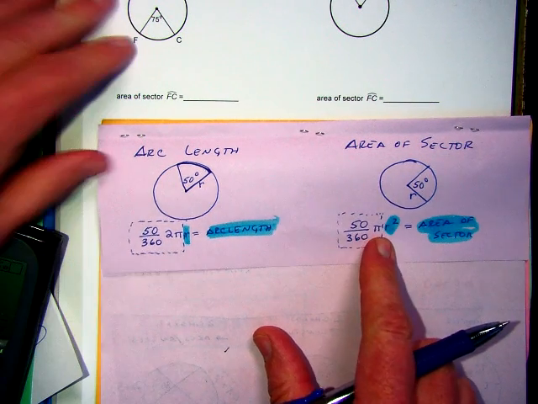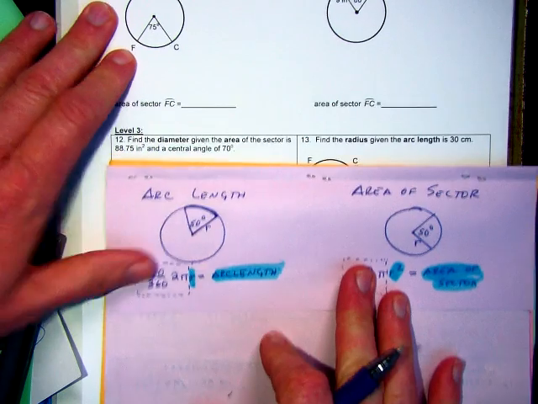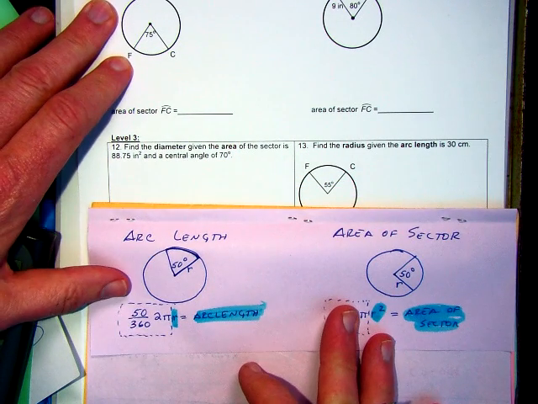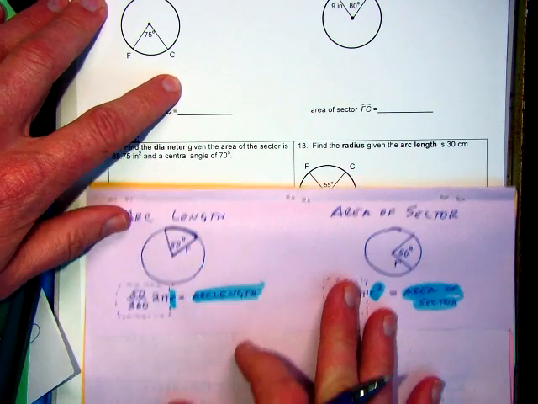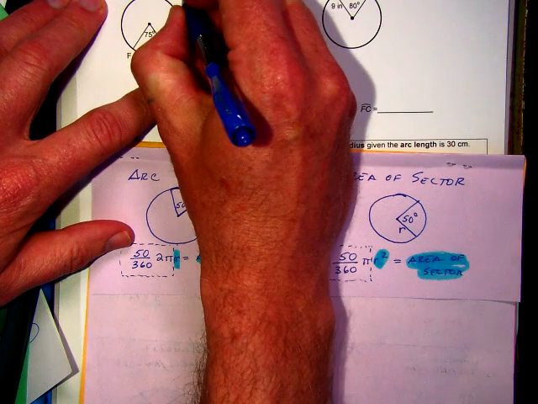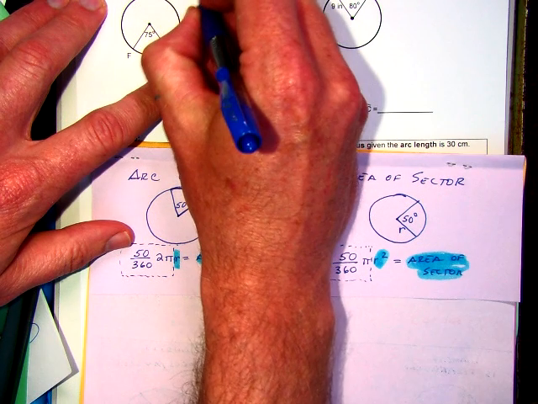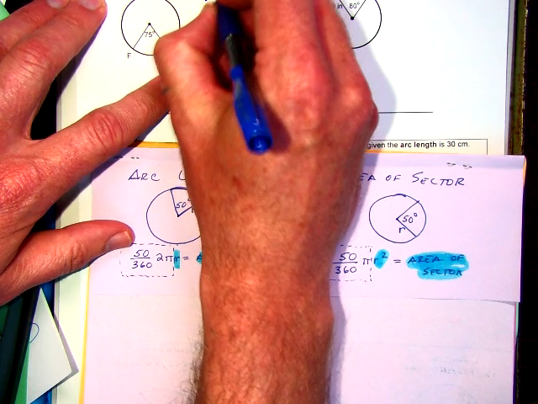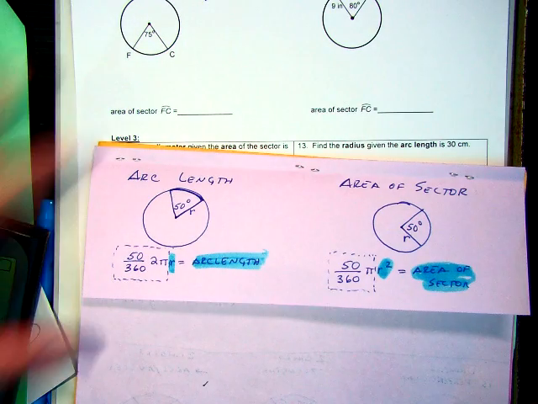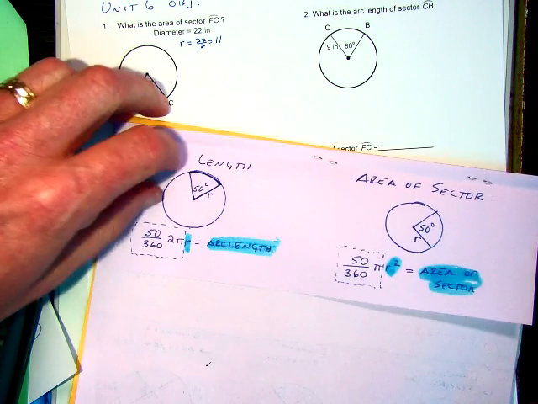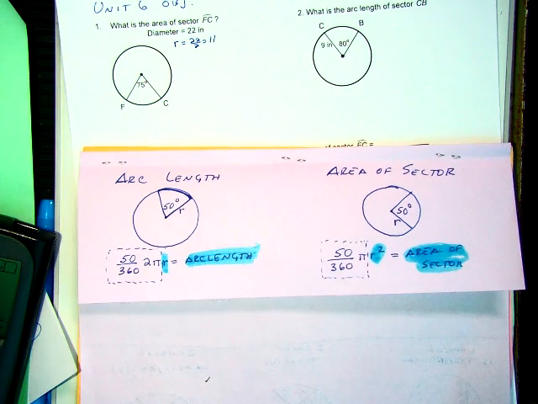Okay. So for number 1, it says, what is the area of the sector FC if the diameter is 22? Well, we don't use the diameter, though. We use the radius, which is 22 over 2, which is 11. So we have to make sure we focus on using the radius. Now we're going to set it up.